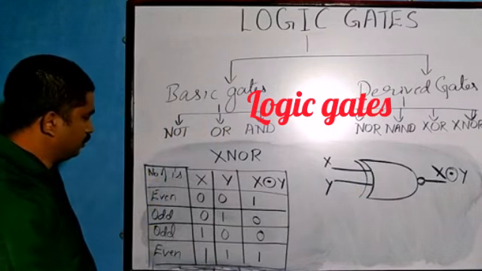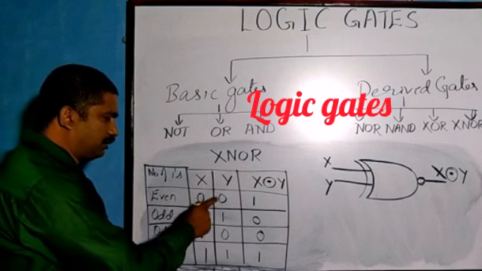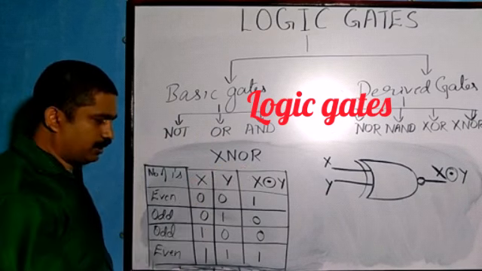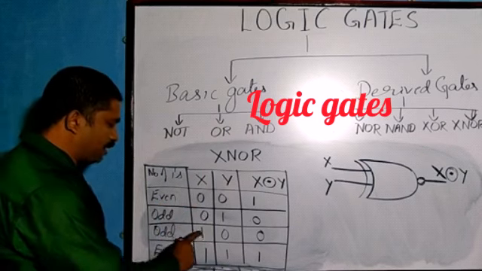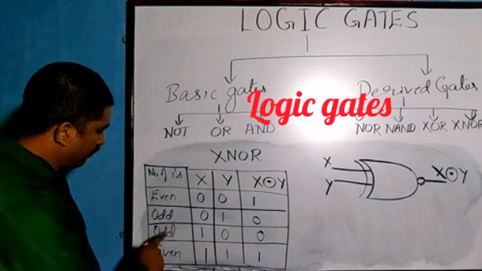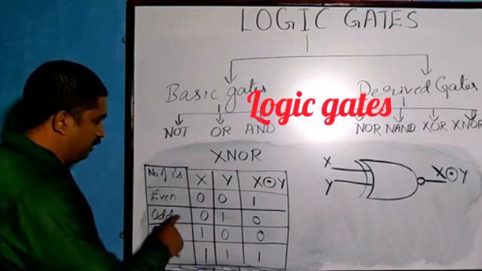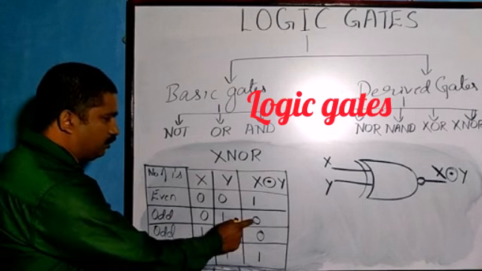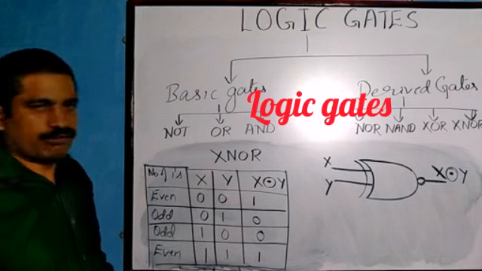This is the truth table for the XNOR gate. In this case, count the number of ones. 0 0, no ones, that is even. 0 1, 1 one time, that is odd. 1 0, 1 one time, odd. 1 1, 1 two times, that is even. Wherever odd comes, you put 0. Wherever even comes, you put 1.